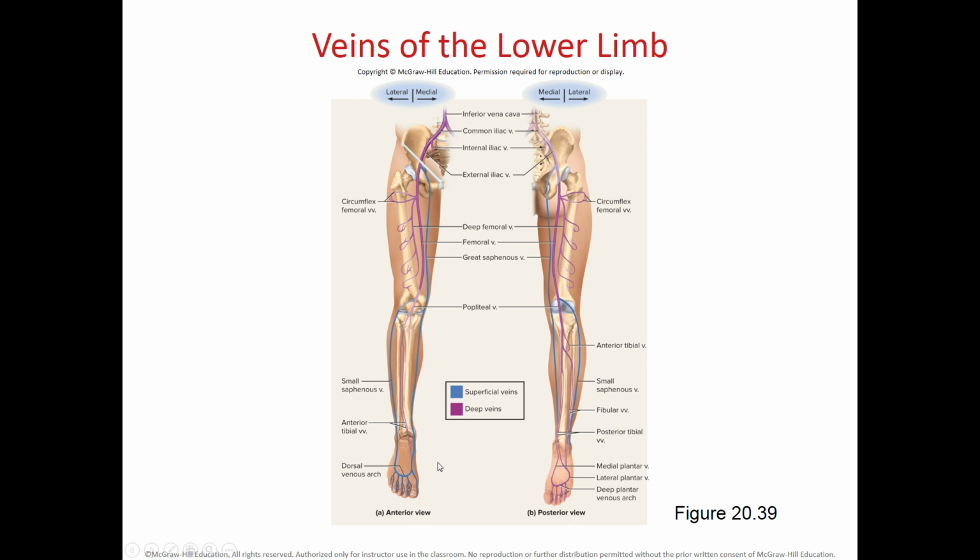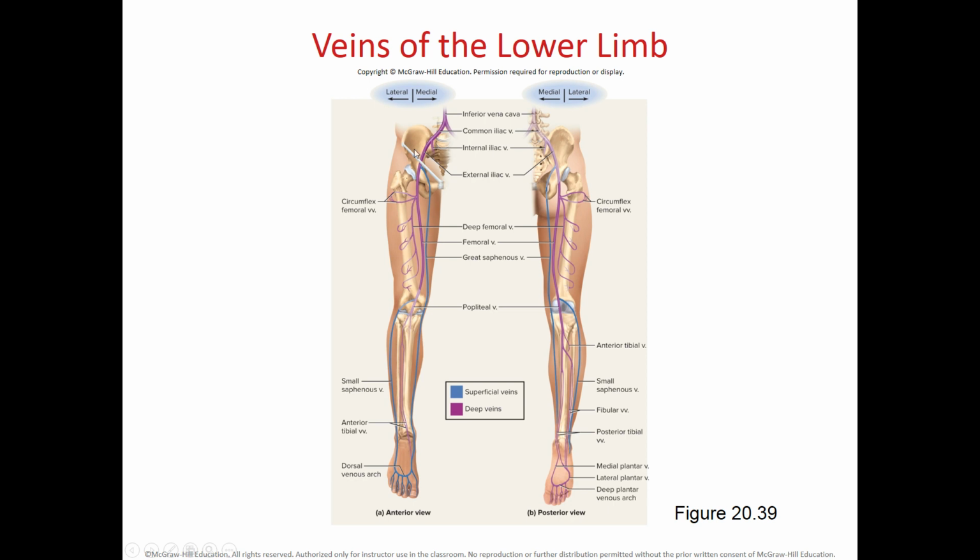So for the veins of the lower limb, you have the dorsal venous arches that drain into the anterior and the small saphenous vein together with this, which is the posterior tibial. And then they will drain into the popliteal. The popliteal will drain into the femoral. And then the great saphenous vein will drain directly into the femoral.